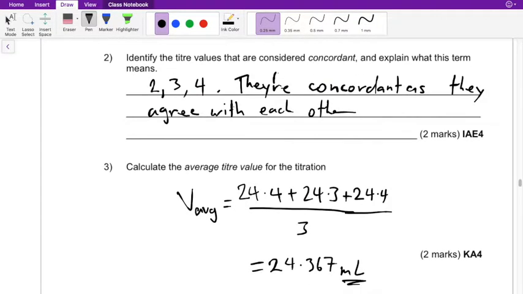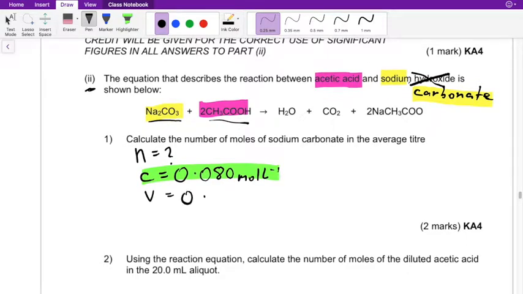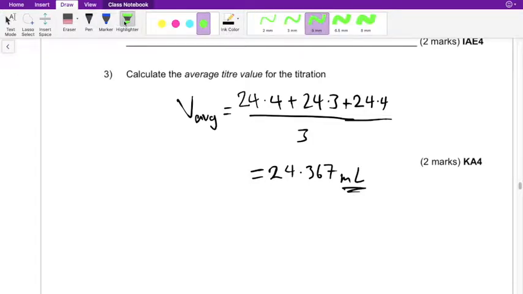So we're going to use that average titer of 24.367, which is 0.024367 litres. This value here was actually 0.0243666666, so we're going to use that in the calculations. I'll just highlight these so everyone knows where they came from.